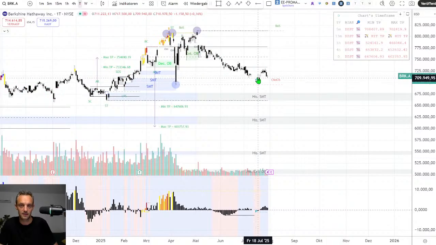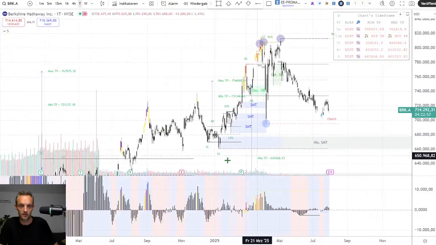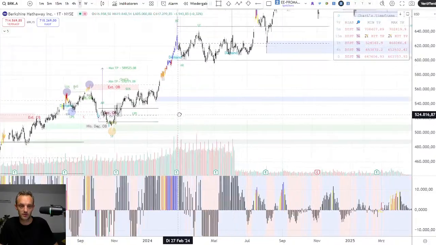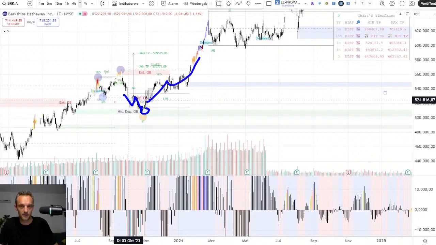We have sellers here on the daily chart in Berkshire. This is a very, very rare situation, right? Look at this. We had this last time in October 23, and the market went down a couple of times more, and then they rallied again.